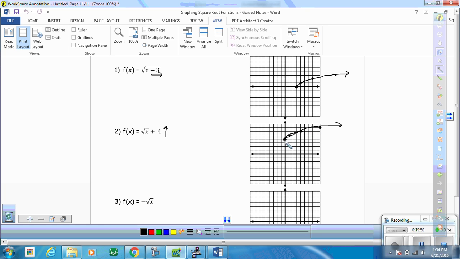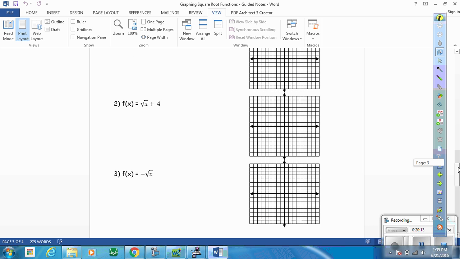You do want to try and make it as roundy, parabola-y as possible. It is not a straight line. It is definitely a curve. So you want to try and make it as curved as you possibly can. There we go. And that gives us our square root.